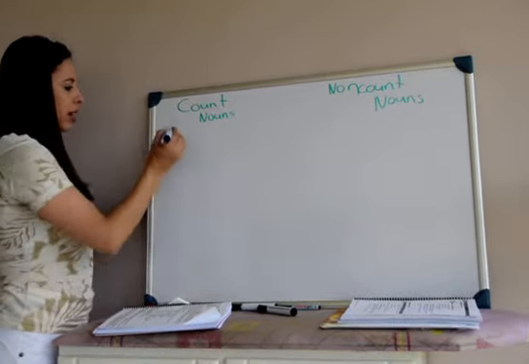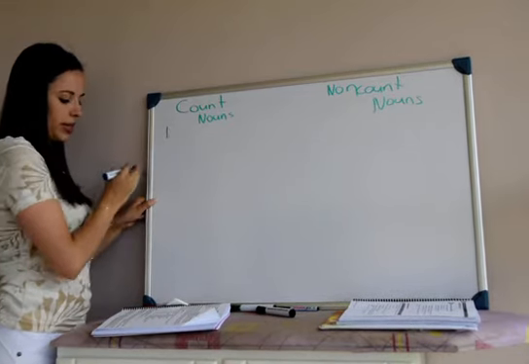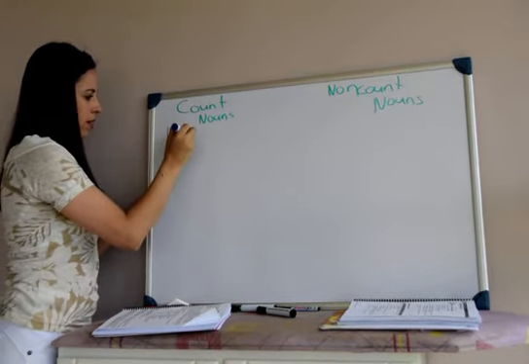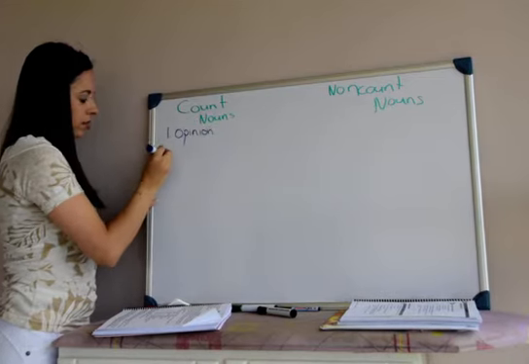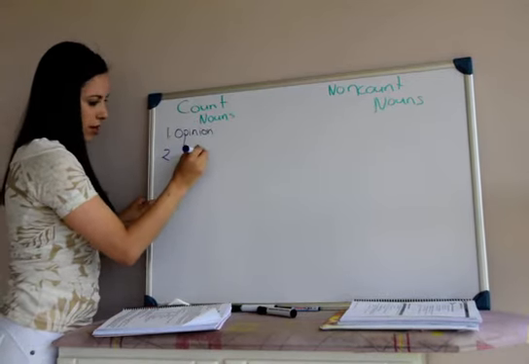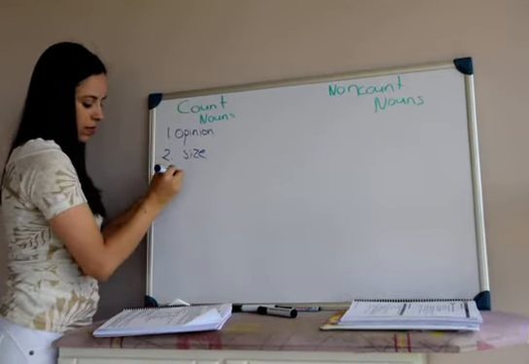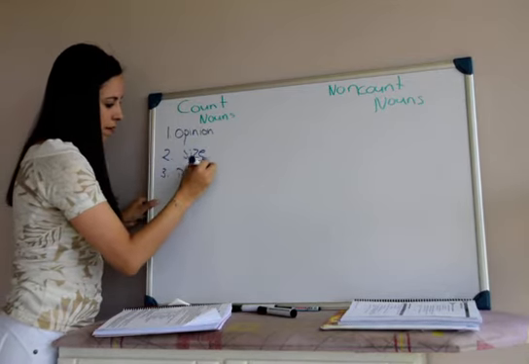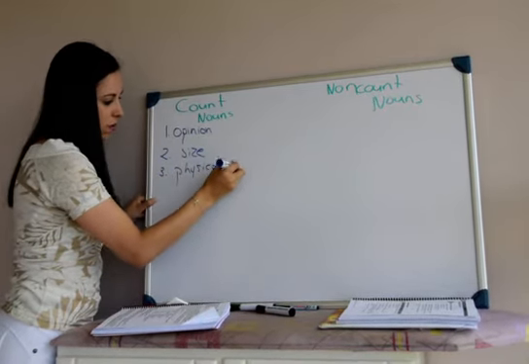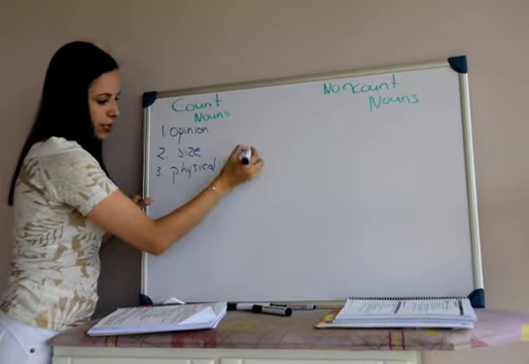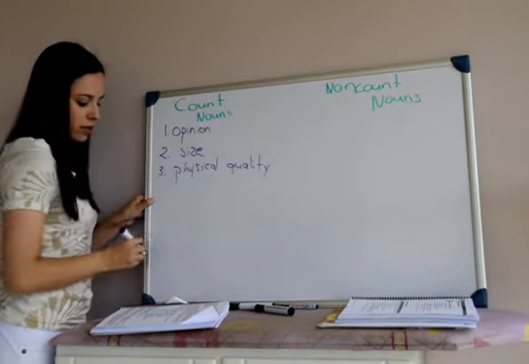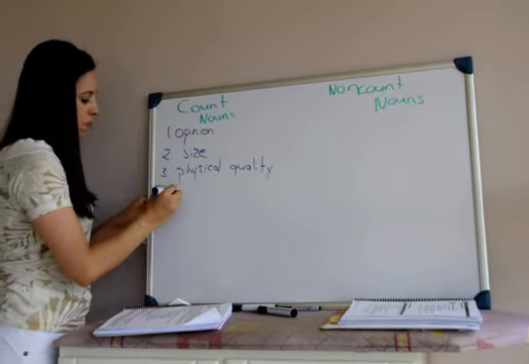For example, here we have that the first thing that we need to write is opinion, size, physical appearance or physical quality, how the items look like. Number 4 is shape.